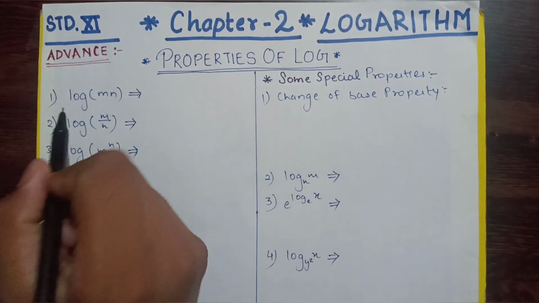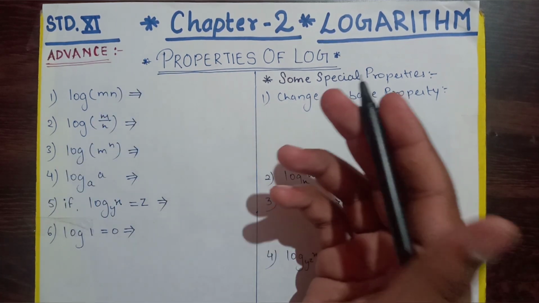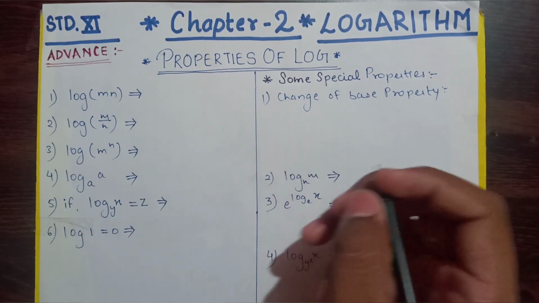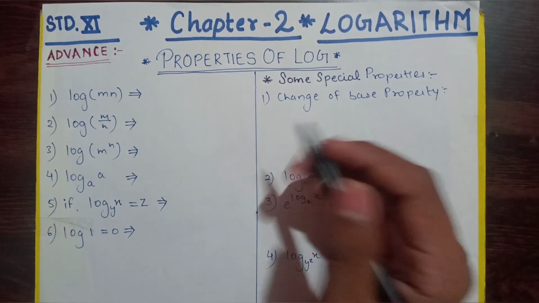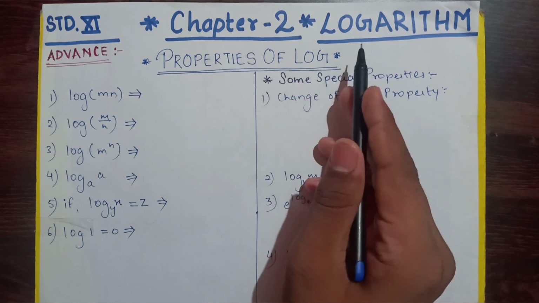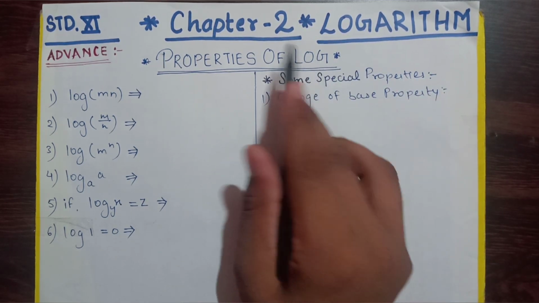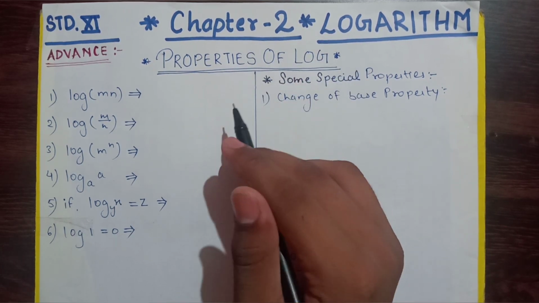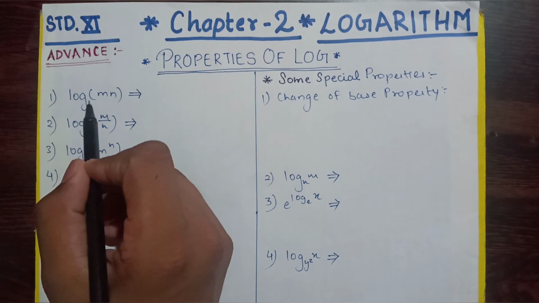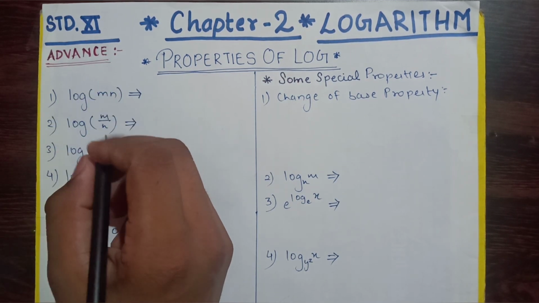So before going to the properties, first I would like to tell you that in logarithm, as I told you in the last video also, we do not possess any formulas, we just possess properties. These properties are those formulas, but they are renamed here as properties. So our very first property is log of m into n.